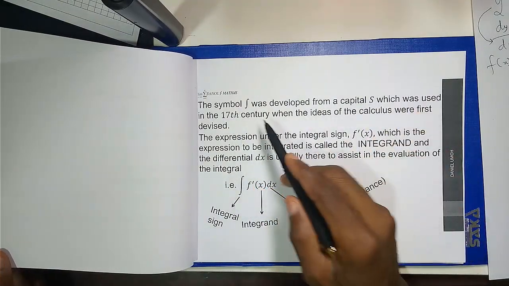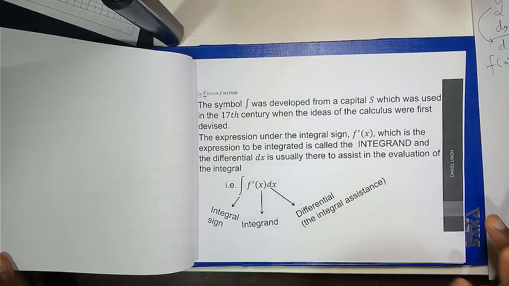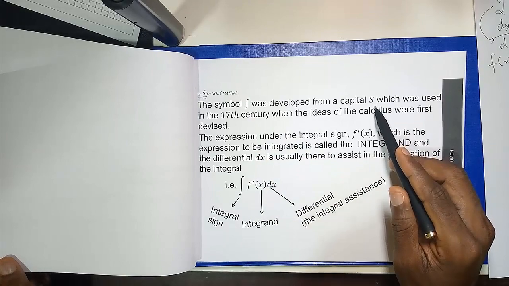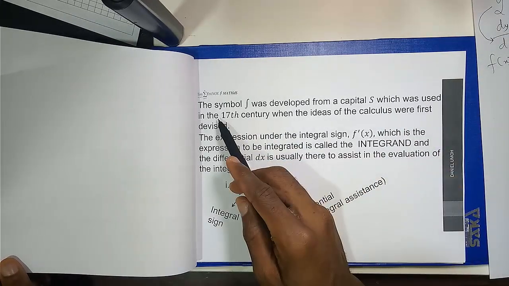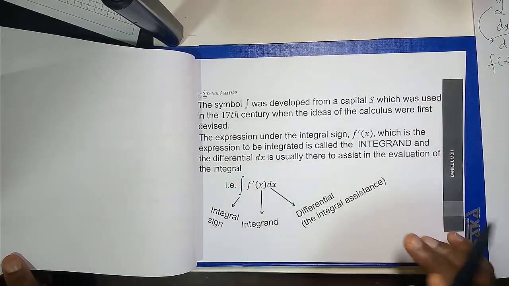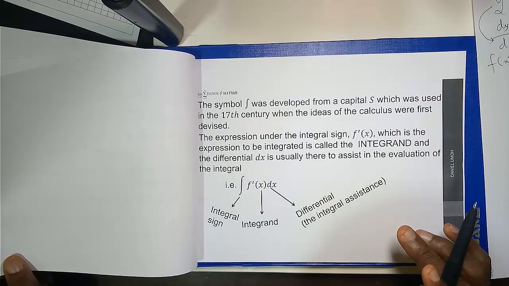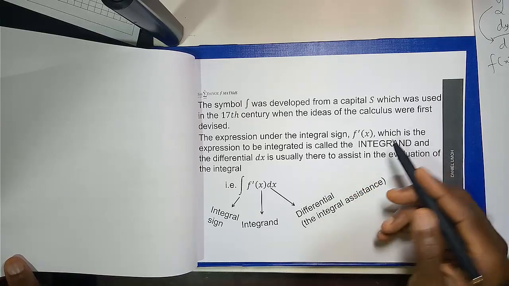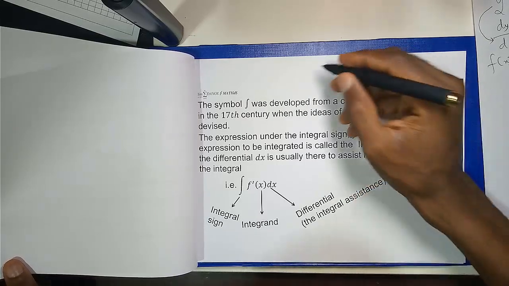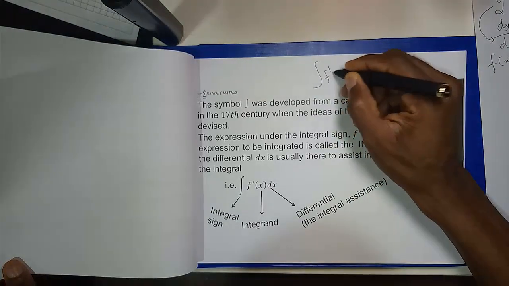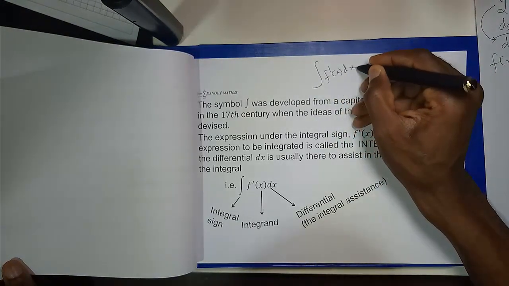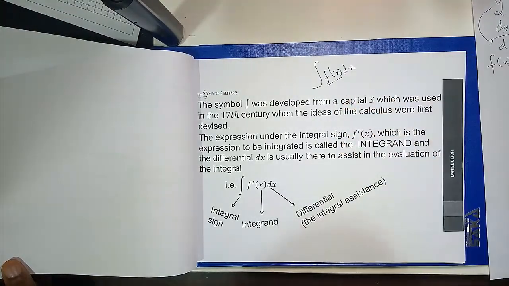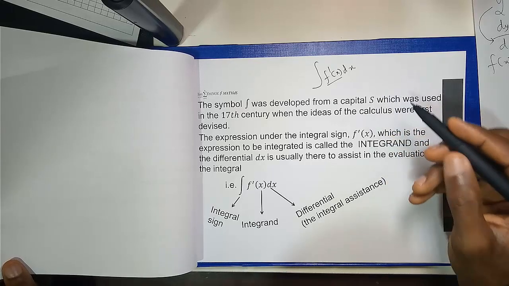Now, this symbol for integral was developed from a capital letter S, which was used in the 17th century when the ideas of calculus were first devised. Now, the expression under the integral sign, f prime of x, like now I have integral f prime of x dx, this expression under the integral sign is called the integrand.